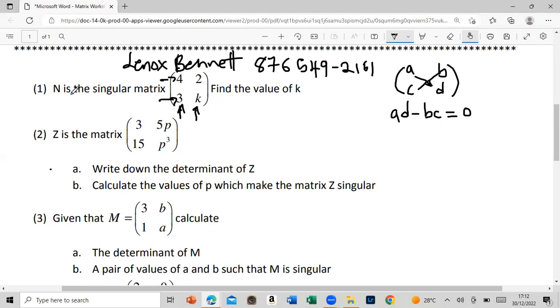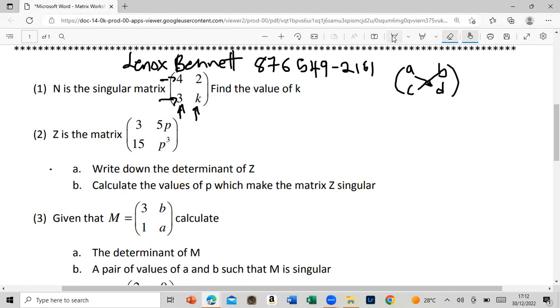Because they told us it is a singular matrix. Let's use this space as our little working area. Remember it's in the form A, B, C, D, and for a singular matrix AD minus BC is equal to 0.